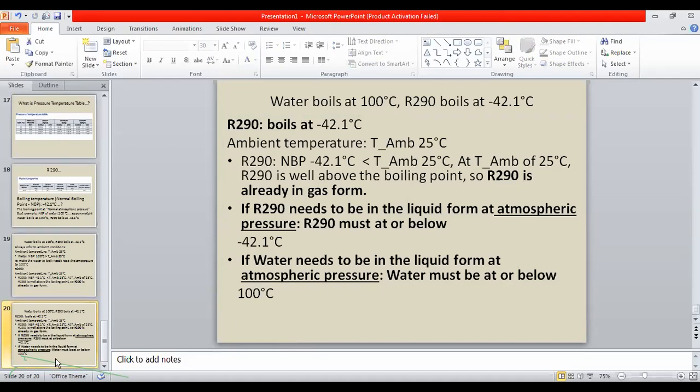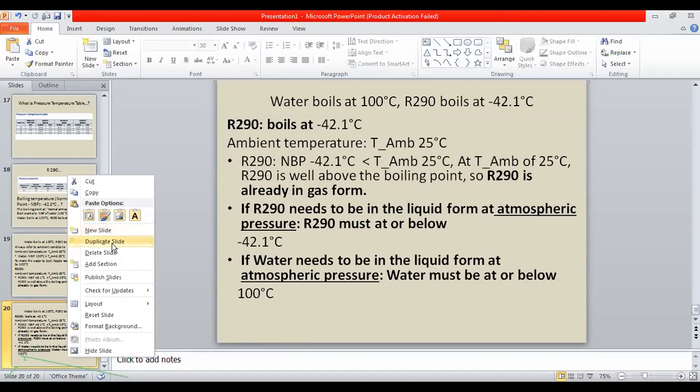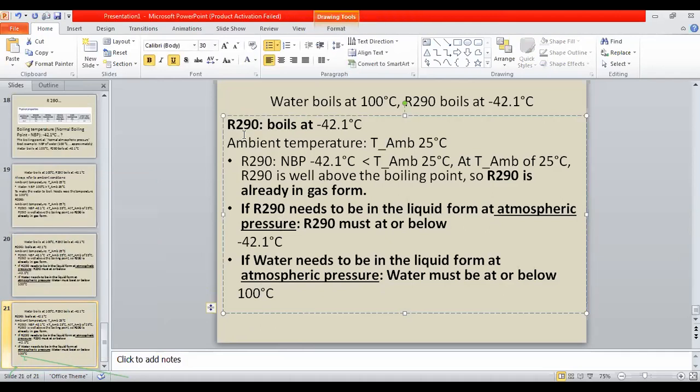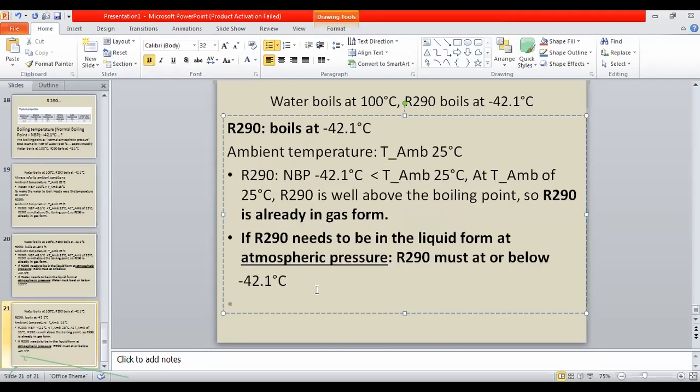So another point is, let's say R290 boils at minus 41.